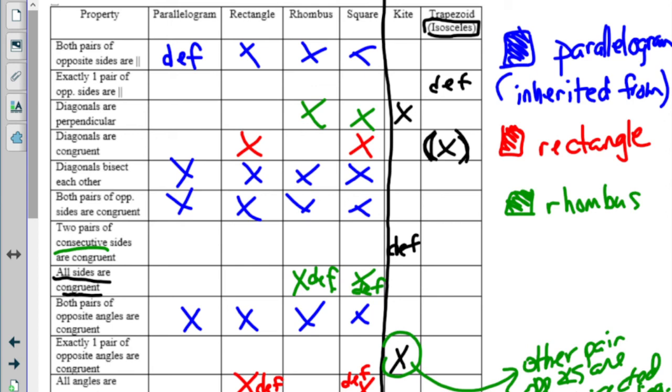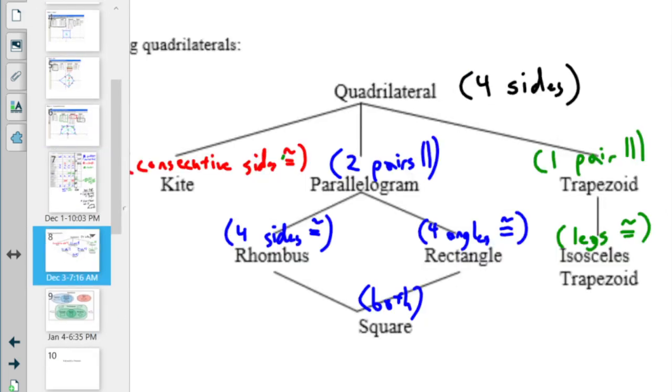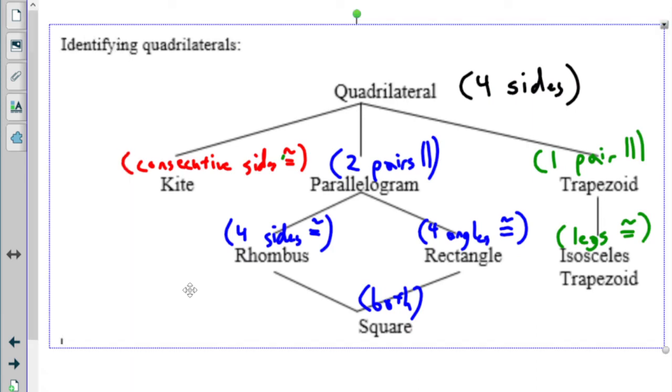So to give a little summary of what you're seeing, here are all your different quadrilaterals, from most general name to most specific name, to when we can say the most amount of things about it.